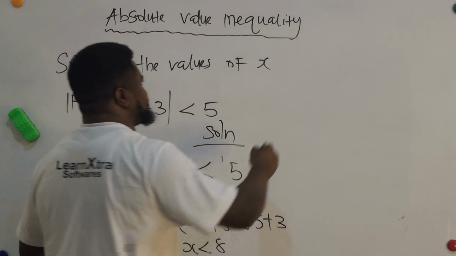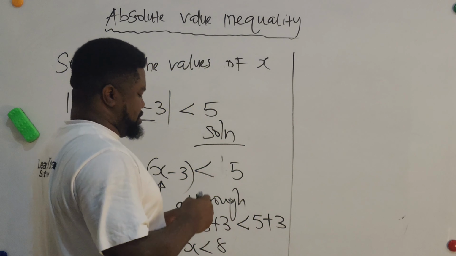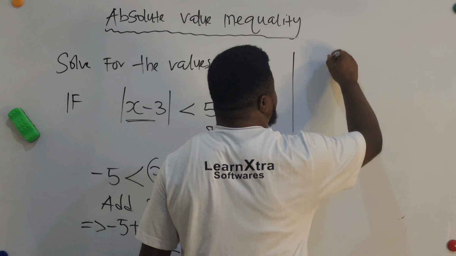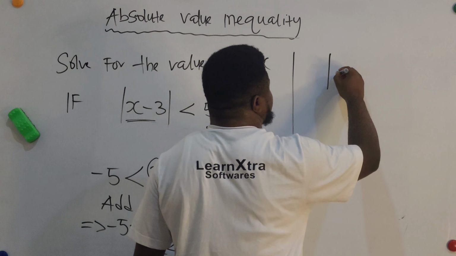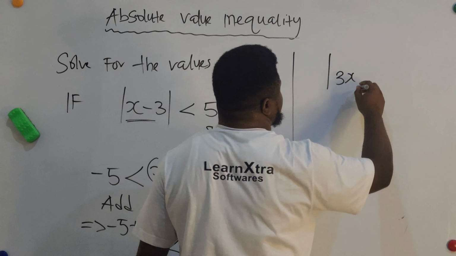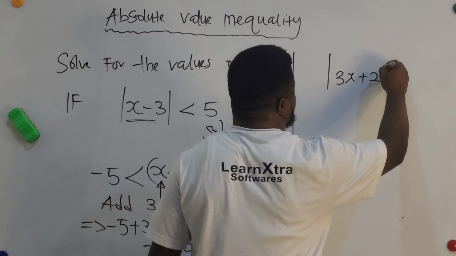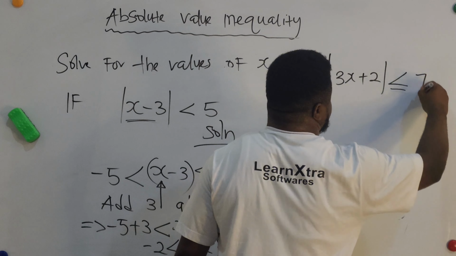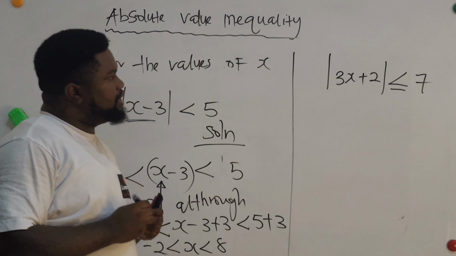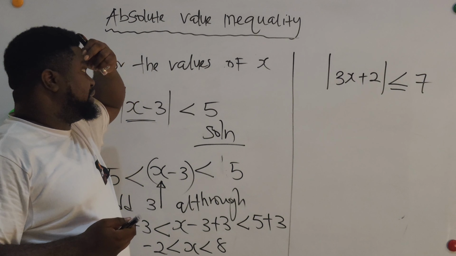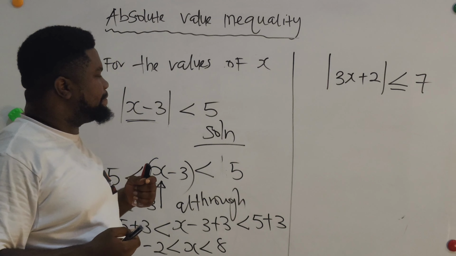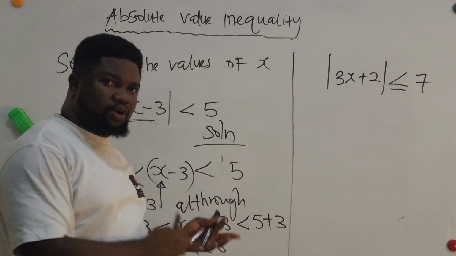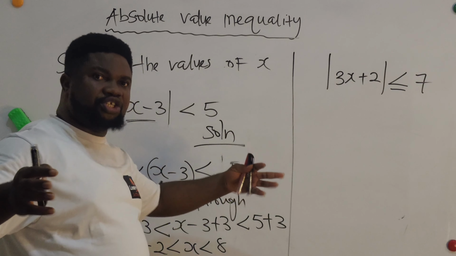If I get another one to solve for me, let's say solve the value of 3x plus 2 is less or equal to 7. Can you? Yes, you can. The first thing is to split the inequality into two definitions.